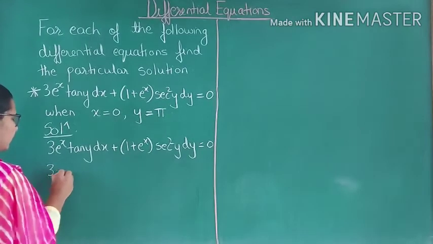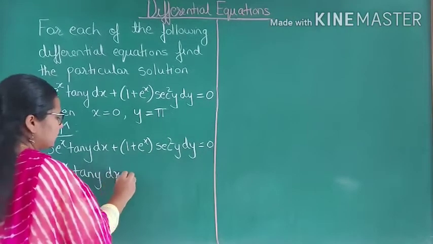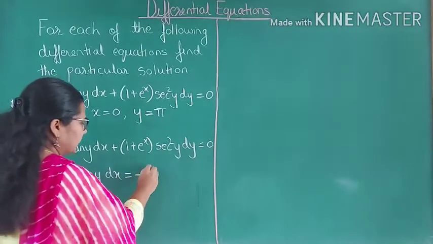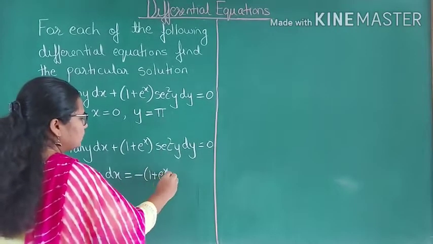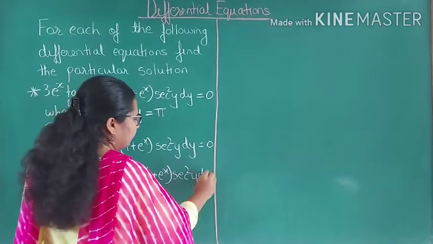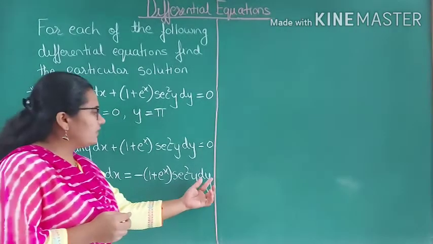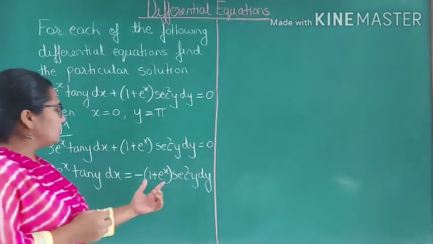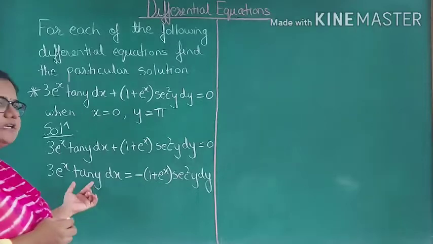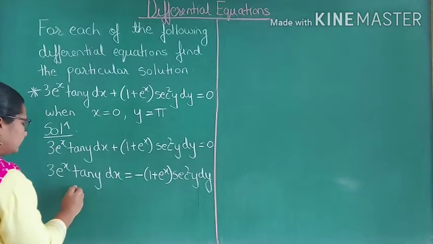So we have 3 e raised to x tan y dx is equal to minus (1 plus e raised to x) sec square y dy. Yes. So here you have differential dx and here you have differential dy. So all the terms of x we will take on LHS and terms of y we will take on RHS. So what will this become?